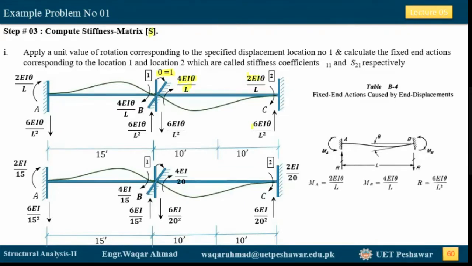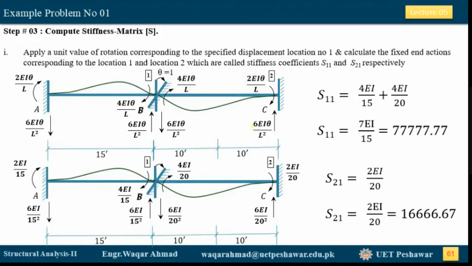Now what we need to do here is pick the values of the S11 coefficient. What is the S11 coefficient? S11 is the value at coordinate 1 due to the displacement, or in other words, the rotation applied at coordinate 1.